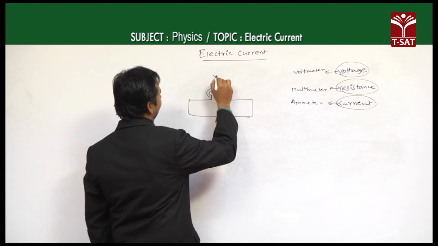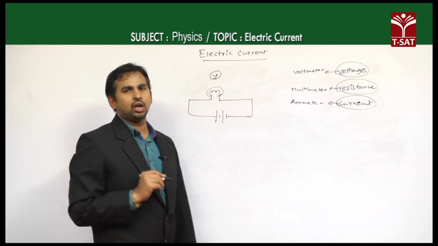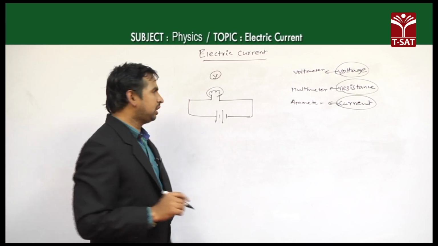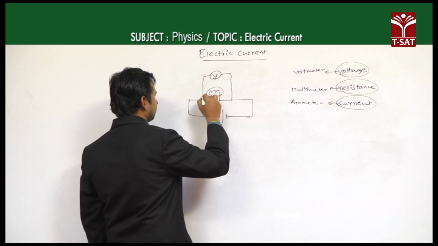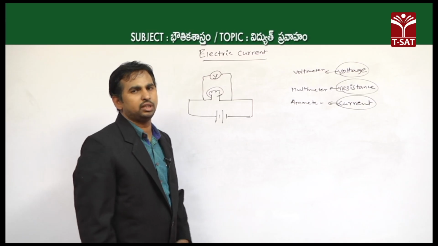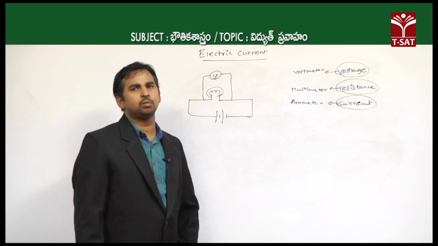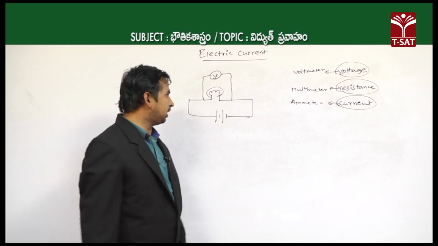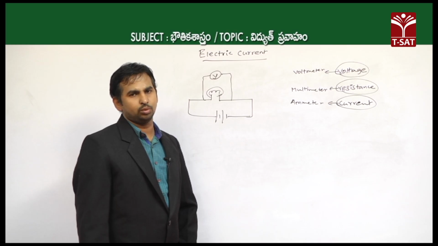Voltmeter is represented with this symbol V. Okay. Now, we have to connect this voltmeter parallel to the electronic appliance like this. The main use of arranging the voltmeter parallel to that electronic component is that in parallel the current divides, whereas the voltage remains the same in both cases.